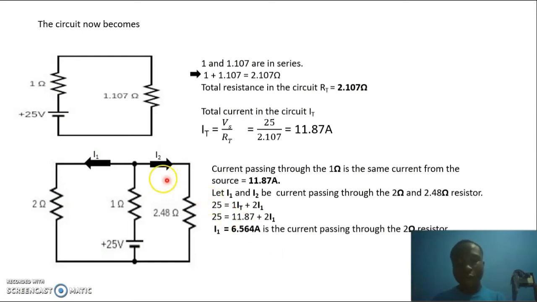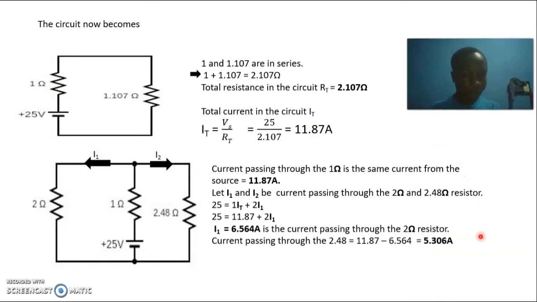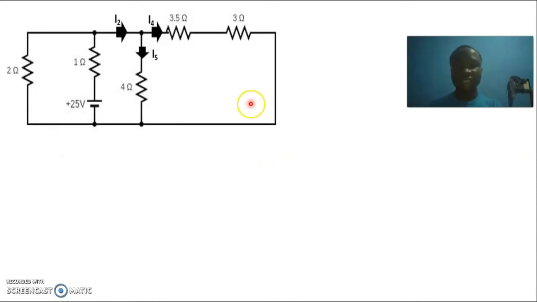So getting this, we can also find the current through the 2.48 ohm by subtracting the current through the 2 ohm from our total or our resultant current. So we do that quickly, and we are having 5.306 ampere as a current moving to the 2.48 ohm, and this will be the current that will flow through all the resistors at my right hand side.